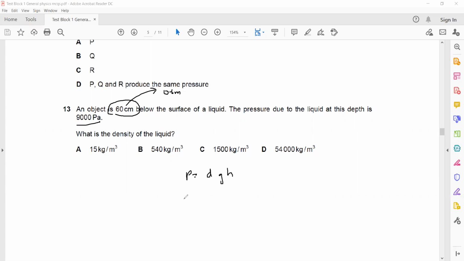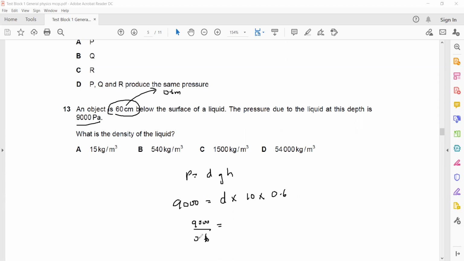The pressure is given as 9,000, density we have to find, gravity is 10 and the depth is 0.6. So 0.6 multiplied by 10 equals 6, and so 9,000 divided by 6.